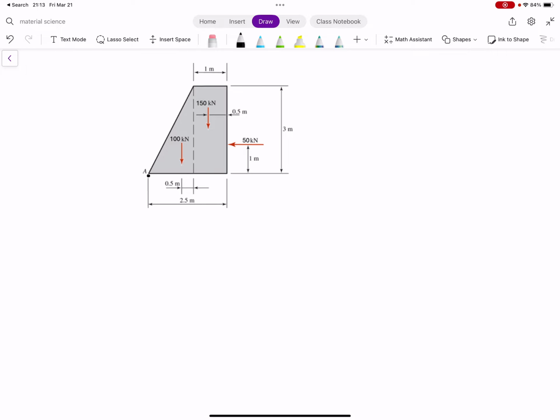A resultant force has two components, Rx and Ry. For Rx, we have only one force in the x direction, the summation of Fx, and that is minus 50. This is the only x force, and it's going to the left, so it's negative.